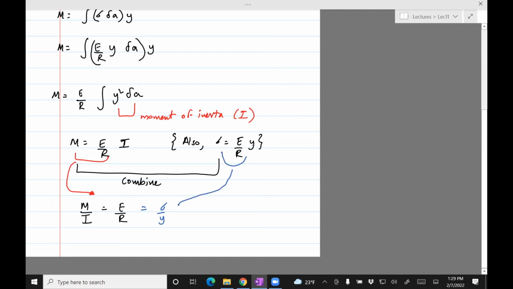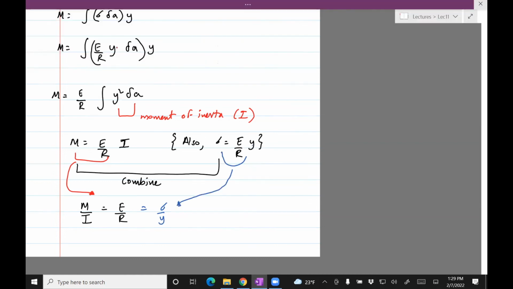And so the one which I think is very common in bending equations is this formula. So that's the formula we're after. M divided by I equals E divided by R equals sigma divided by y. And the fact that the neutral axis passes through the center.